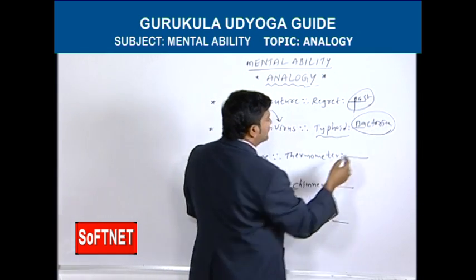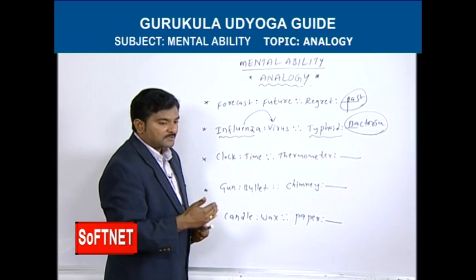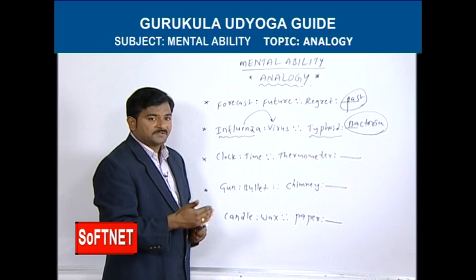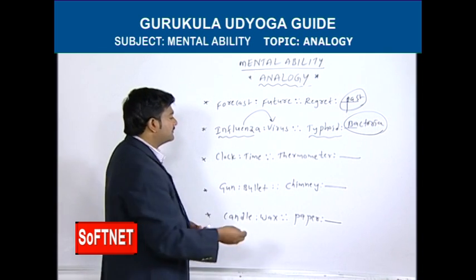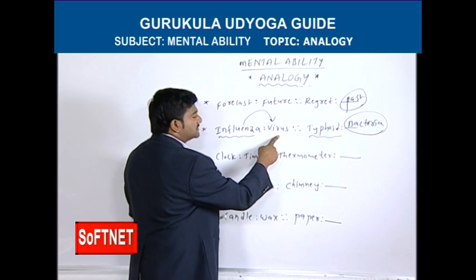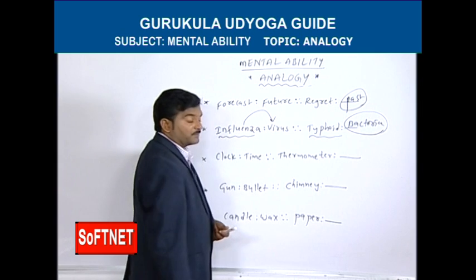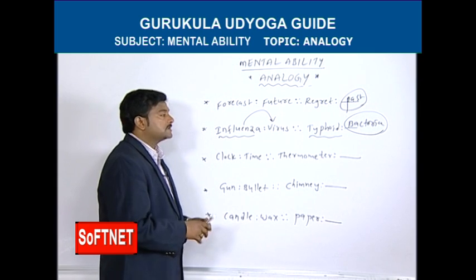I hope you understood. The relation involved is that the first one is caused by the second one. Influenza disease is caused by virus; typhoid disease is caused by bacteria. That is the concept involved.